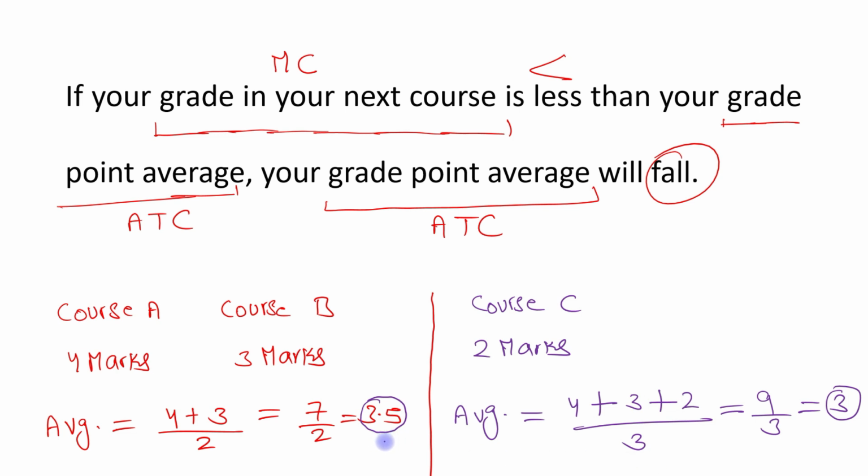It is decreased from 3.5 to 3. तो यही वो समझाने की कोशिश कर रहा है कि अगर ये मार्जिनल कॉस्ट थी, if this is the marginal cost and marginal cost is less than the average total cost, then ATC falls from 3.5 to 3. Clear?